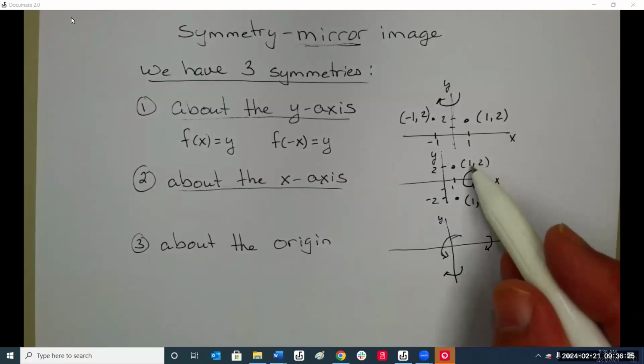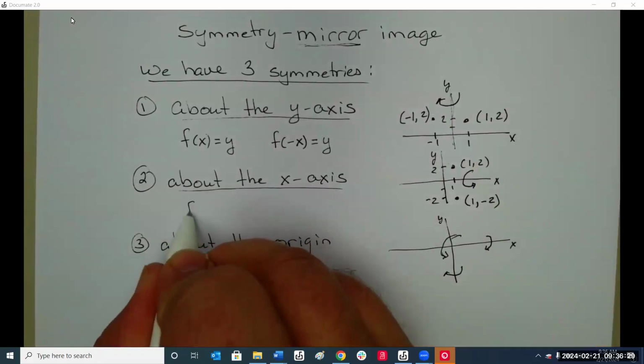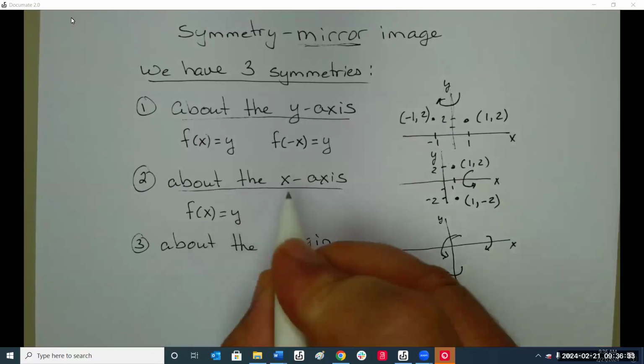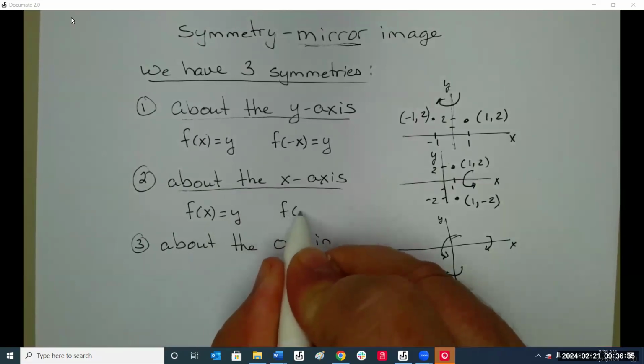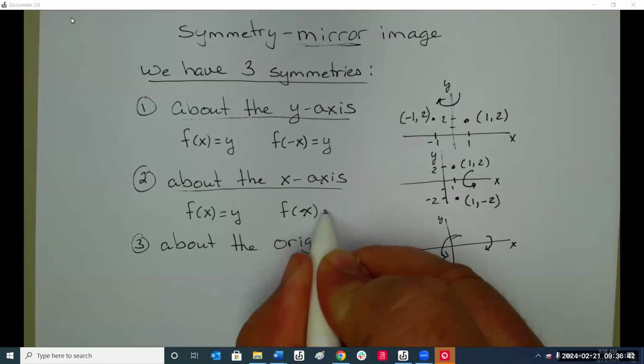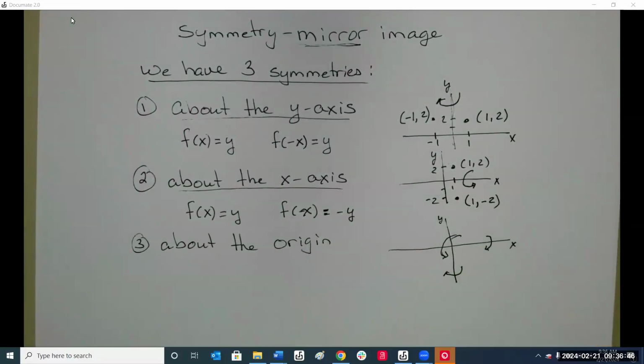The y value, because the x's stay the same and the y values change signs. So for this one, if I have f of x equals y, and I have the same x and I get a negative y, then it's symmetric about the x-axis.